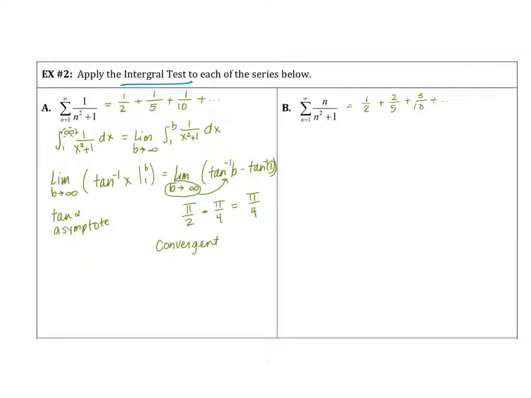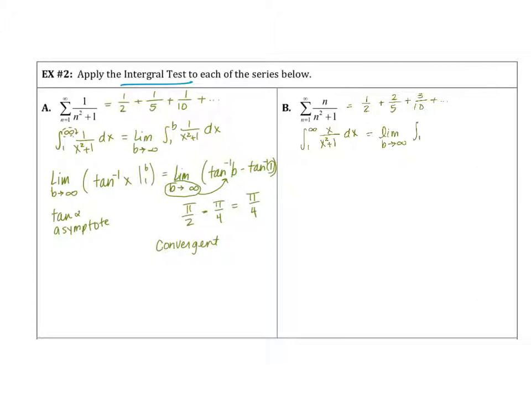So let's go ahead and apply our integral test here. We're going to integrate from 1 to infinity, and I'm just going to change these over to x's. So x over x squared plus 1 dx. From here, we can do a u substitution, is what we can look at it as.